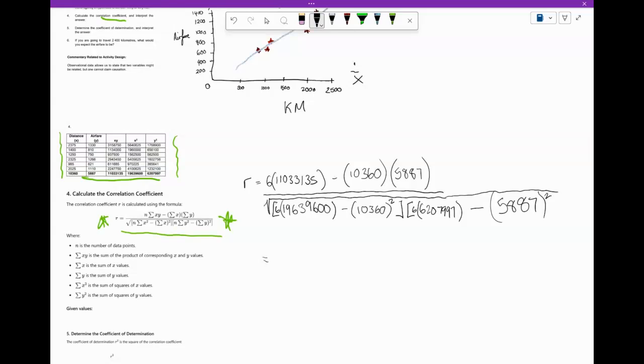You guys know how to also store on your calculators? You got it. What's your answer? 0.9983.